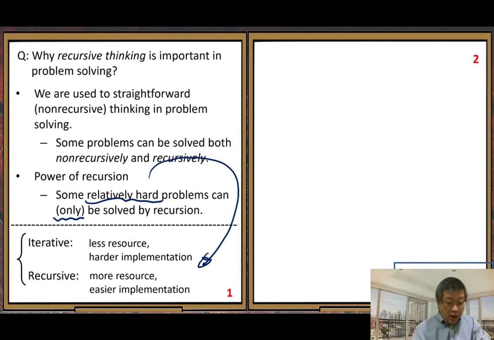But here, the biggest question is why does the iterative method use less resource and why does the recursive method use more resource? The answer I need at least 5 minutes to explain.